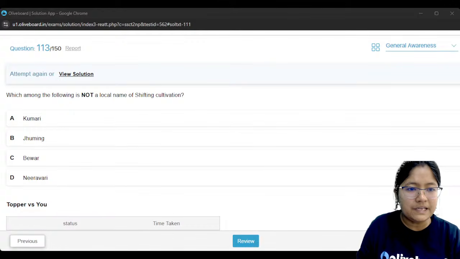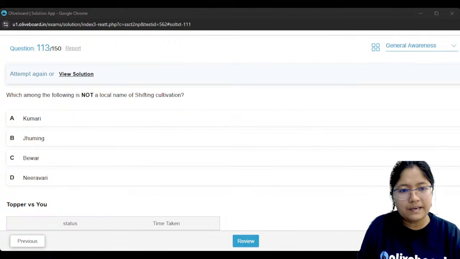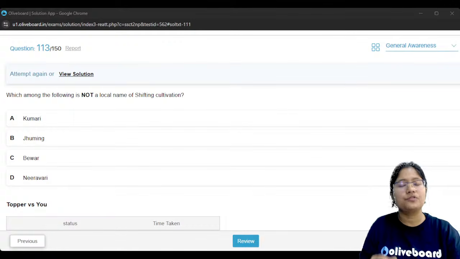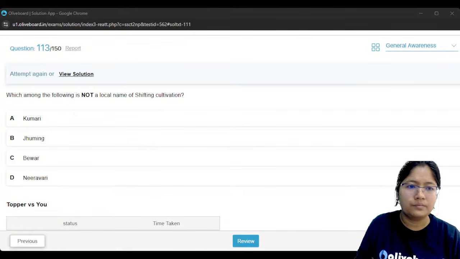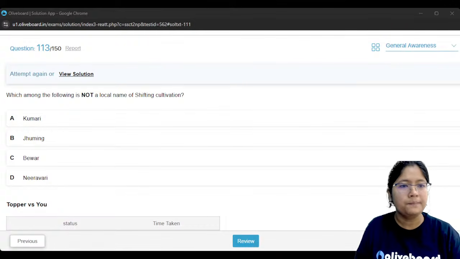This will be cultivated. All right. Neeravi, neer means water. Okay. And Niravi is the word which is used for irrigation in Kannada. So even if you don't know about, say, Jhum, Bewar, you will definitely know. Even if you don't know about Kumari, in that case, what you can do is you can eliminate.